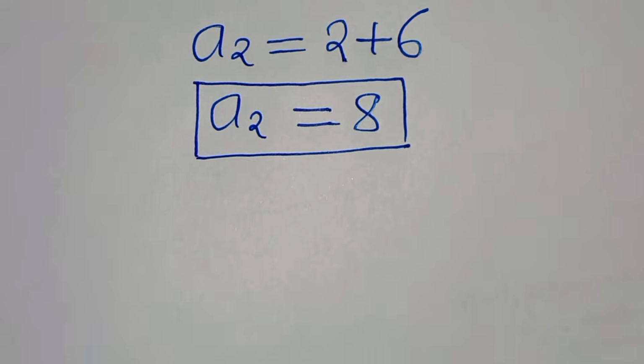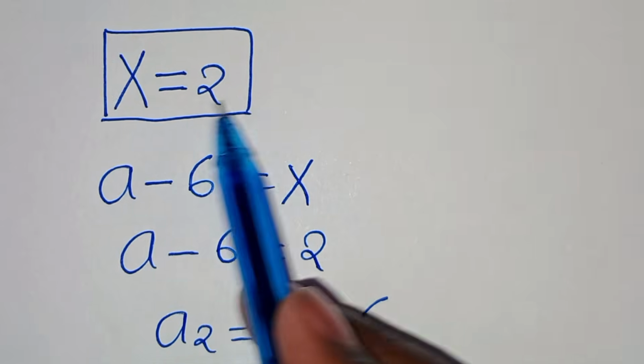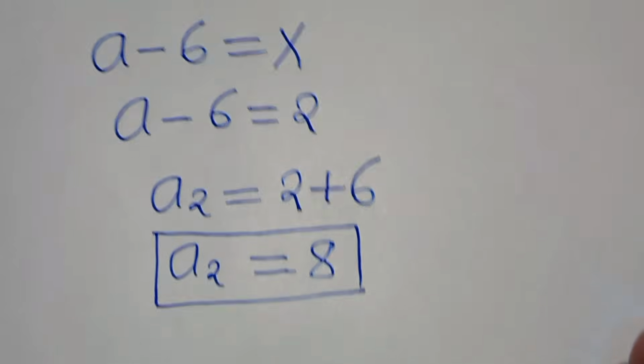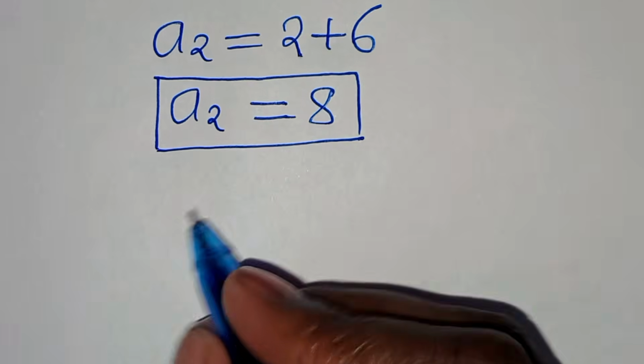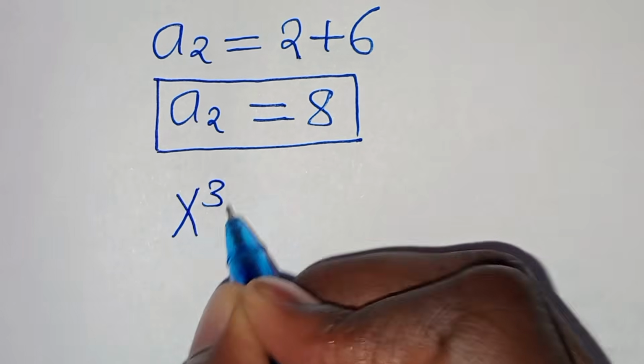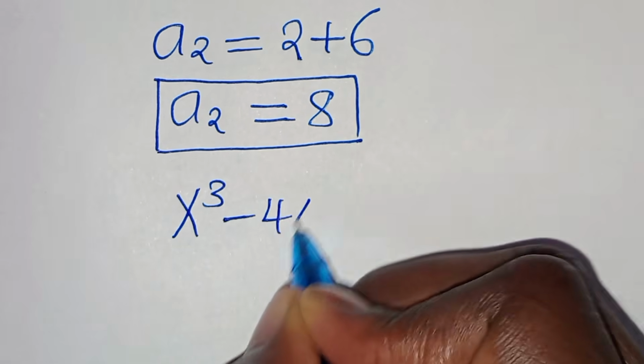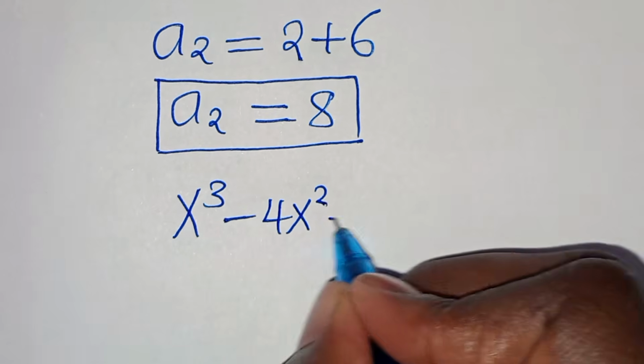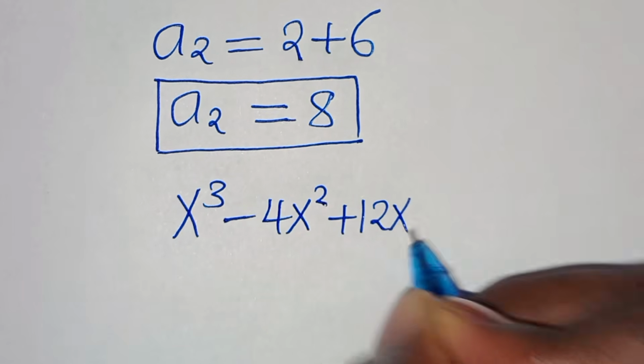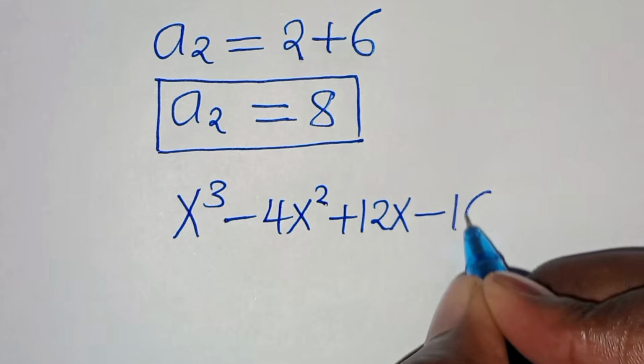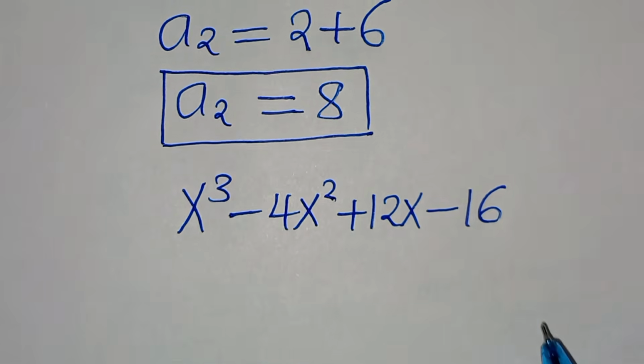Now, since we have x equal to 2 as one of the roots, and we have the cubic function x to the power of 3 minus 4x squared plus 12x minus 16, this is our cubic equation.